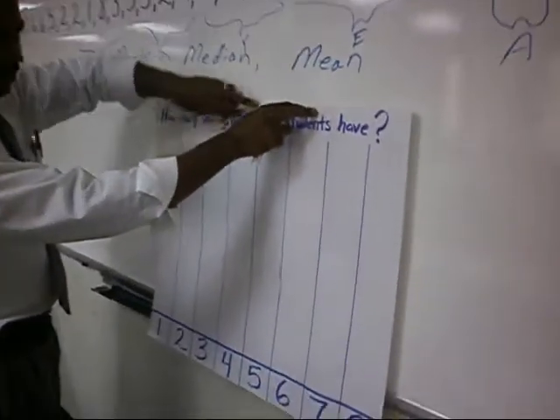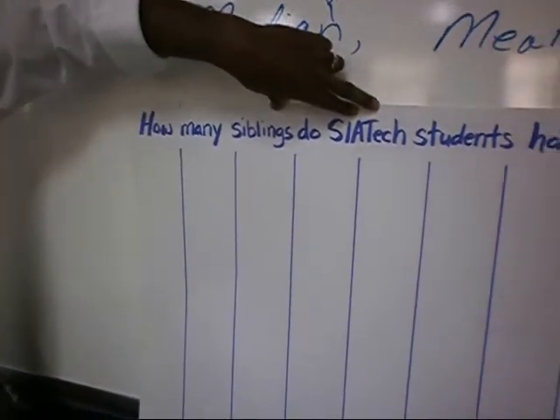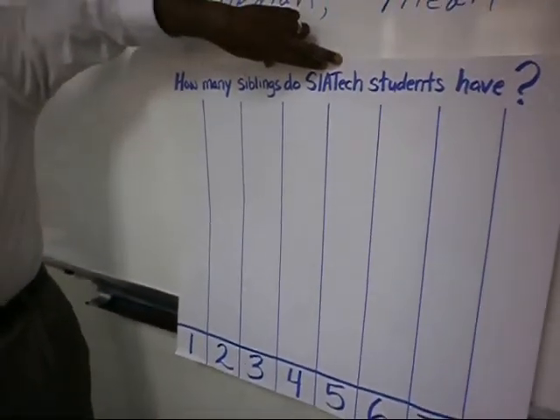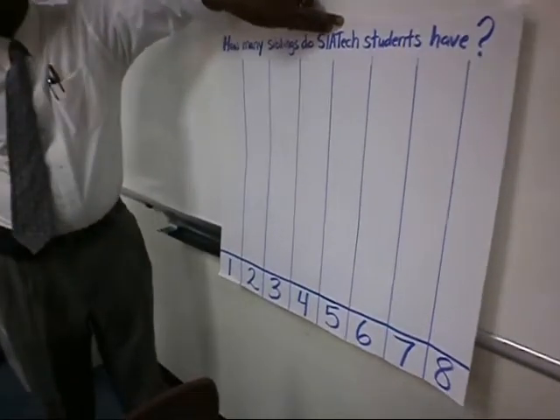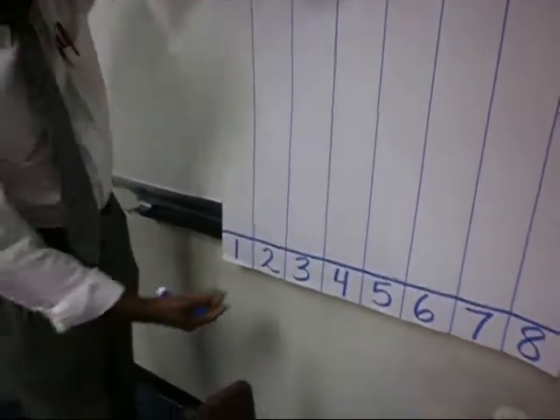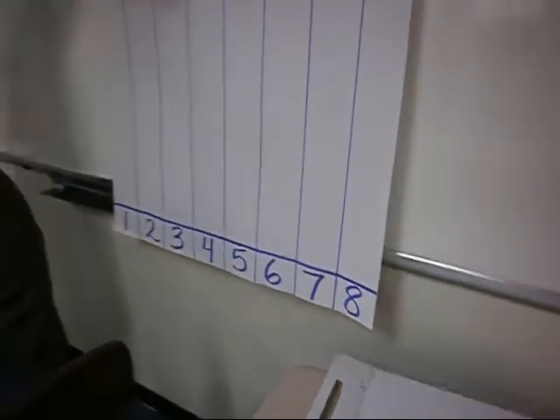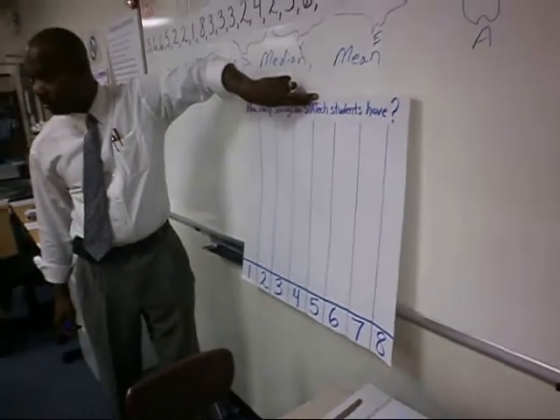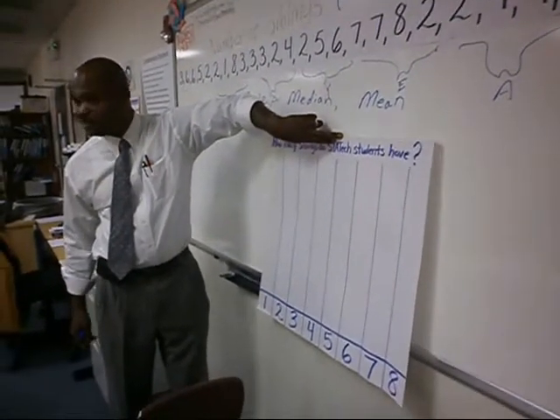You're going to do something for me right now, and you can see here's a chart. How many siblings do SciTech students have is the question. Over here on the vertical is the number of students, and then across the horizontal axis is actually what you have in each cup. In other words, the actual data that we collected from SciTech students.